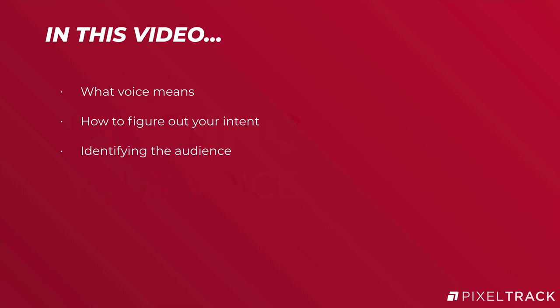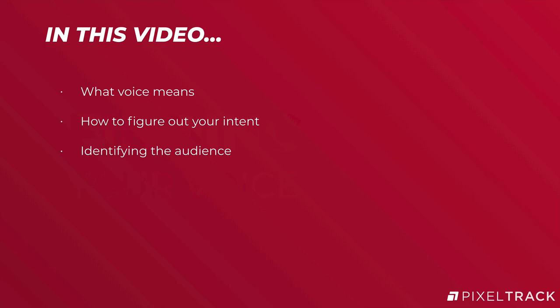So let's find out what you're going to learn in this particular video. You'll know what voice means. I'm not actually saying the vocal voice that you're hearing from me right now. How do you put across a voice to your writing and what it means? And how to figure out your intent. This is very important in finding out your voice and identifying the audience.